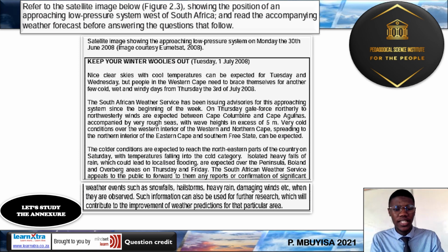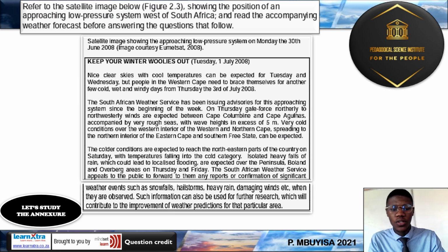Very cold conditions over the western interior of Western and Northern Cape, spreading to the northern interior of the Eastern Cape and Southern Free State can be expected. The colder conditions are expected to reach the northeastern parts of the country on Saturday, with temperatures falling into the cold category.